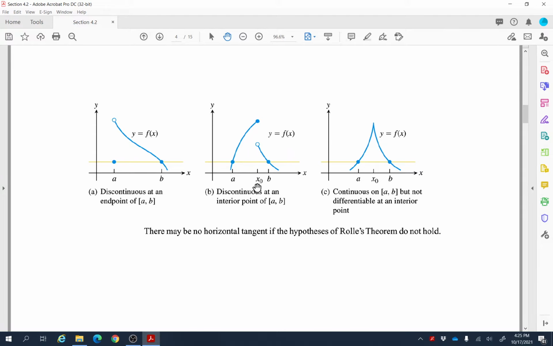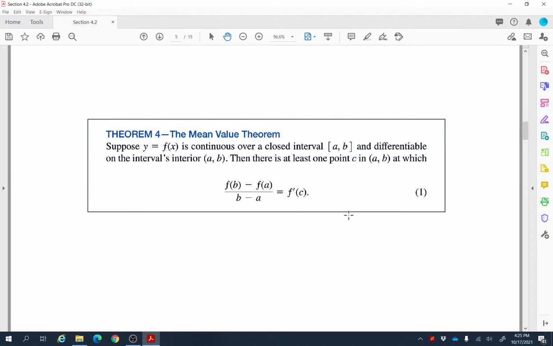This is a discontinuous function at x0, so it has to be a continuous function, and it has to be differentiable in the open interval from a to b. But at this point x0, you can see that this is not differentiable, so none of these graphs would satisfy Rolle's theorem. So you will not see a horizontal tangent line, meaning the derivative is not 0, for these graphs.